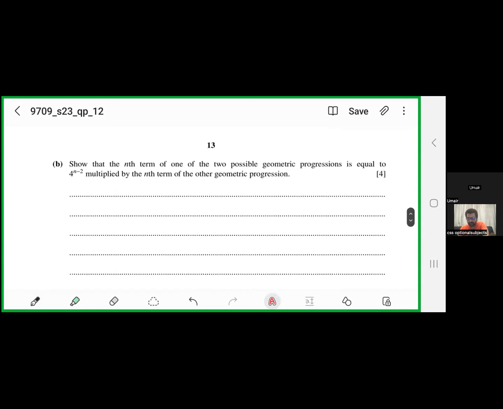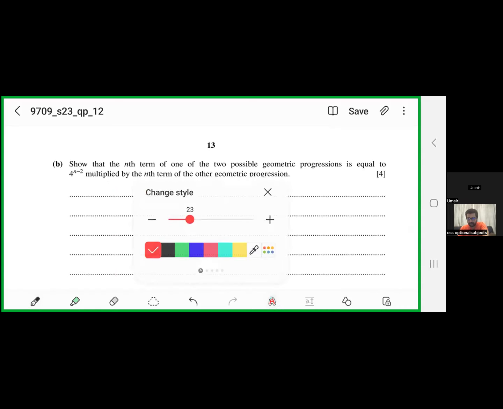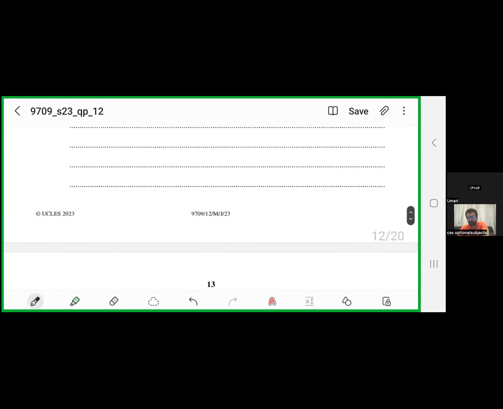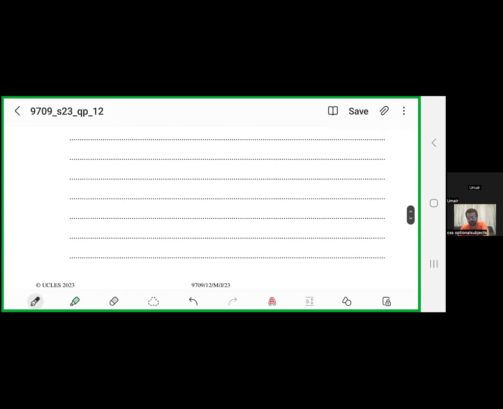B part says, show that the nth term of one of the two possible geometric progressions is equal to 4 power n minus 2 multiplied by the nth term of the other geometric progression. Okay, as we can see that the R was 1 over 5 and 4 over 5.